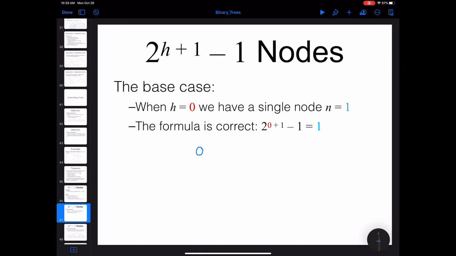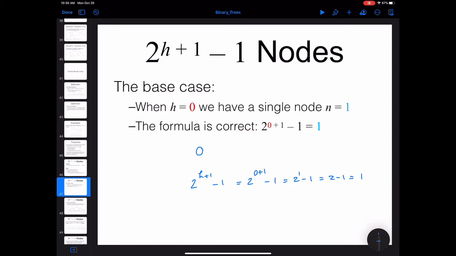The formula in the theorem is going to tell me that the number of nodes is going to be 2 power h plus 1 minus 1. What is h? h is equal to 0. This is going to be 2 power 0 plus 1 minus 1. This is going to be 2 power 1 minus 1. This is going to be 2 minus 1. This is going to be 1. Right? The formula exactly gives me the correct number of nodes.